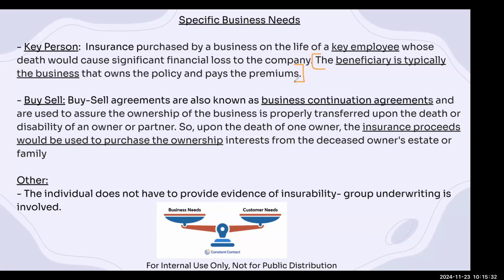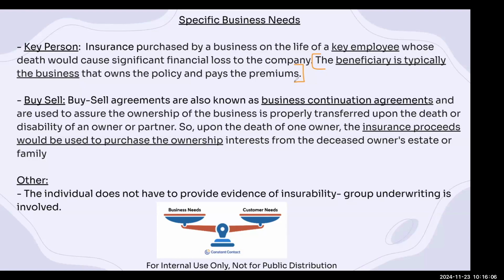Then we also have the buy-sell agreement. The buy-sell agreement is also known as a business continuation agreement. So if we have two owners of a business and one of the owners passes away, then the death benefits from the deceased business owner can be utilized to ensure that the business is transferred to the other owner that's still alive.